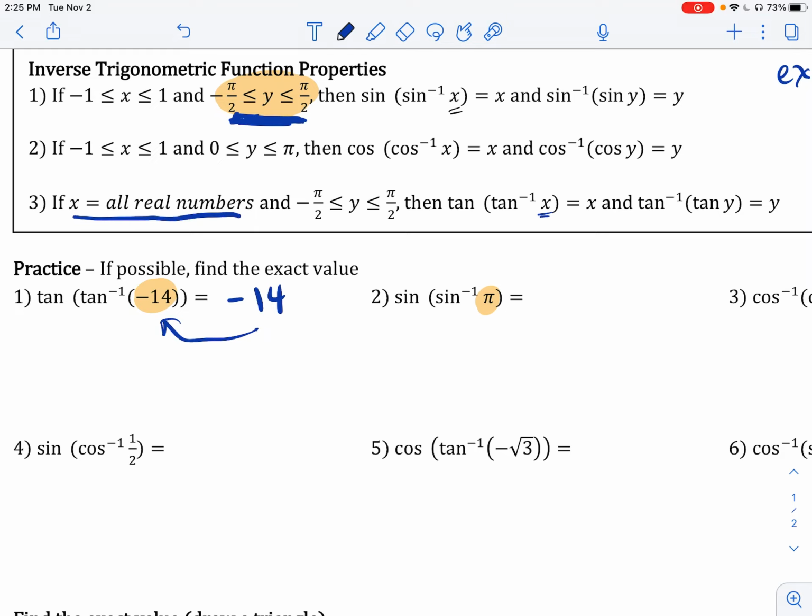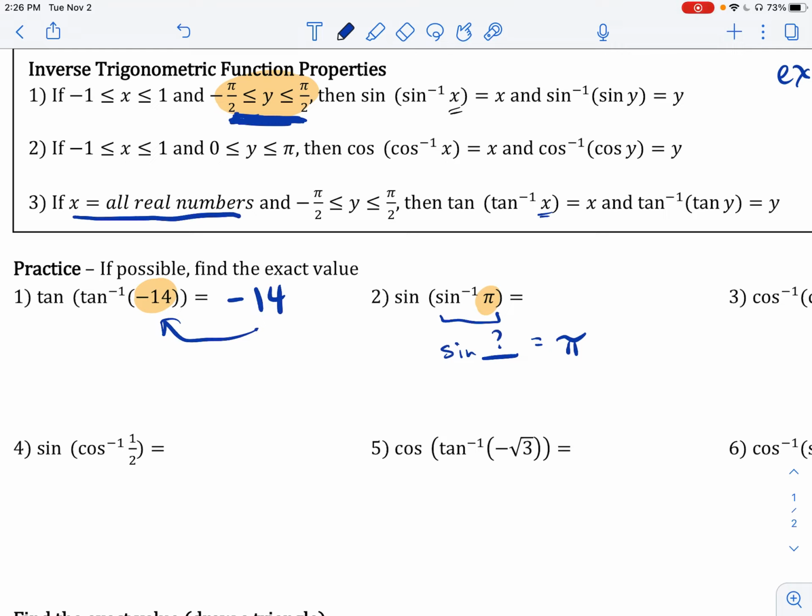So we've got to actually try to evaluate arcsine of pi. Think about that for a second. The arcsine of pi is kind of like asking ourselves, the sine of what angle gives me pi as an output? And this is what should cause you to pause. What is the range of sine?